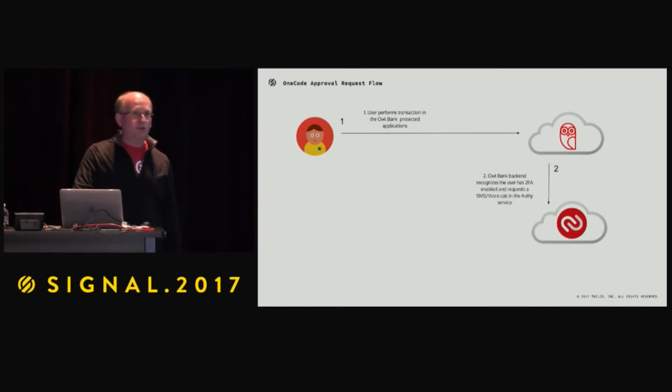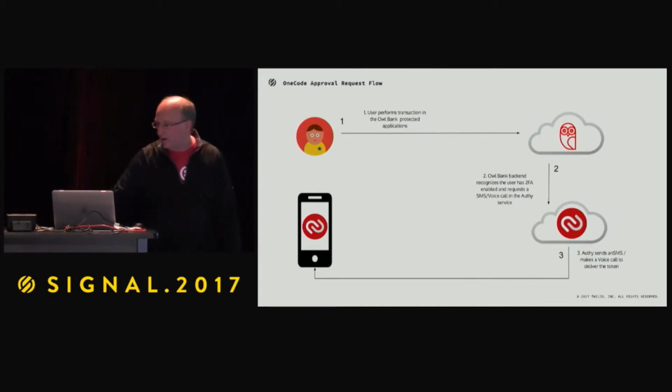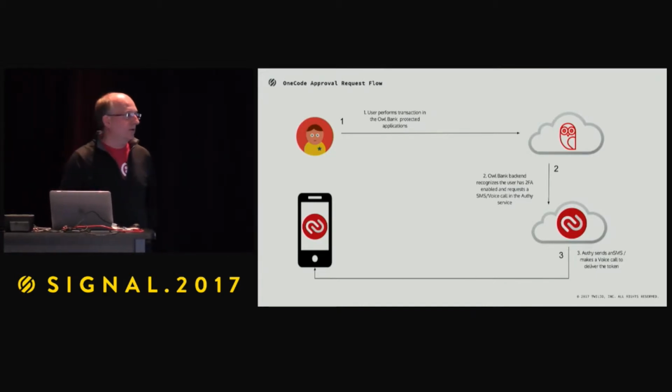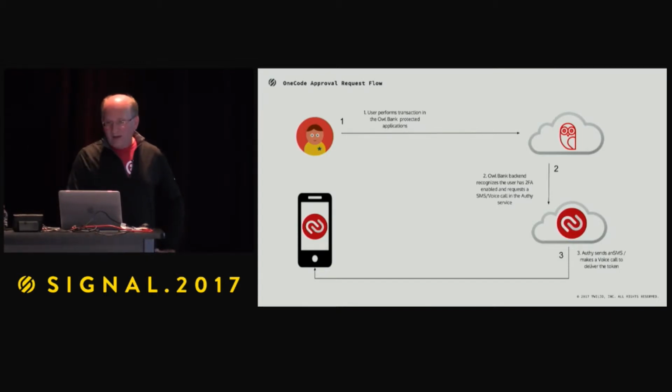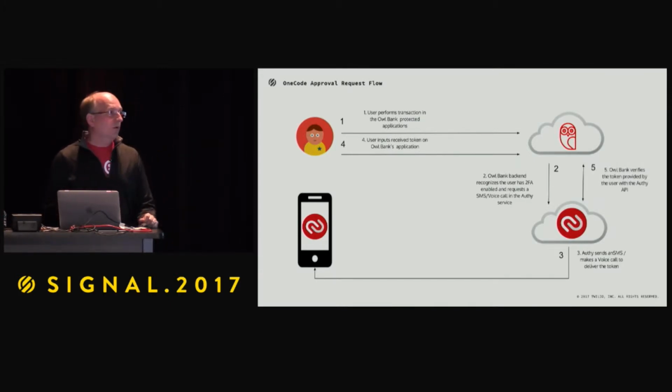Your app says, hey, this user has two-factor authentication, and tells Authy, hey, I want you to send them an SMS or make a voice call. Authy will then go and initiate that through the Twilio network to the user's registered phone in this case. And the user will read that code off of their phone, type it into your app, and you are going to go and validate that token with us.